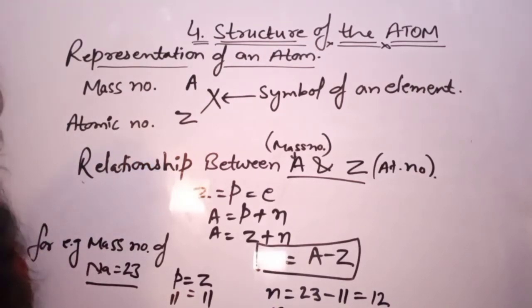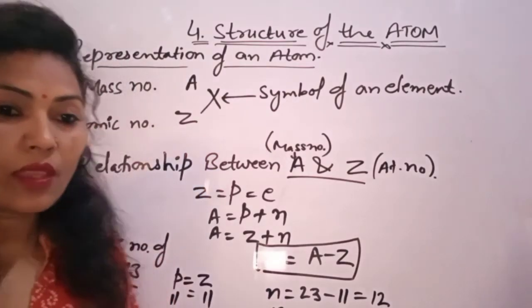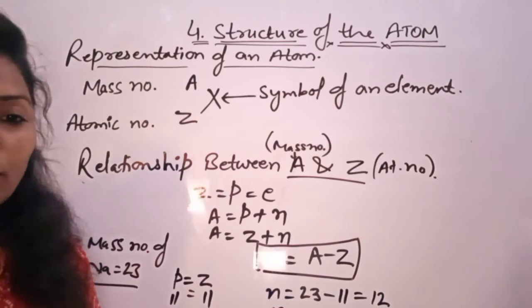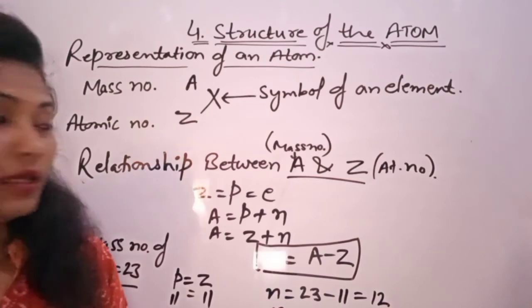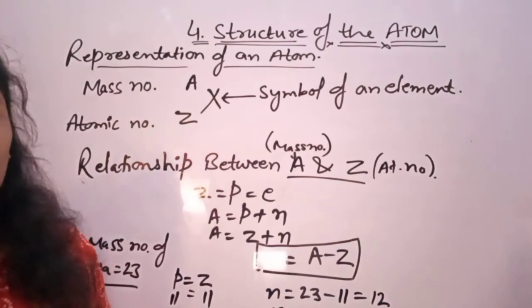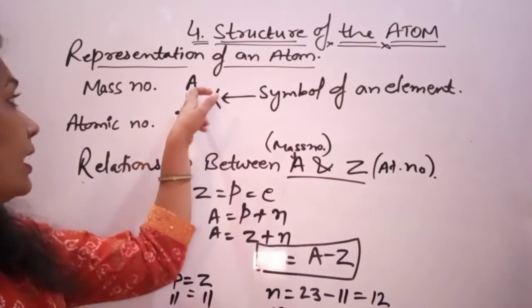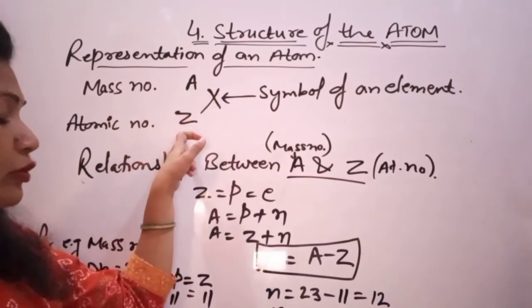For example, take an atom of sodium whose atomic number is 11. You have to find out the number of neutrons also here. What do we want? We want the mass number and atomic number.